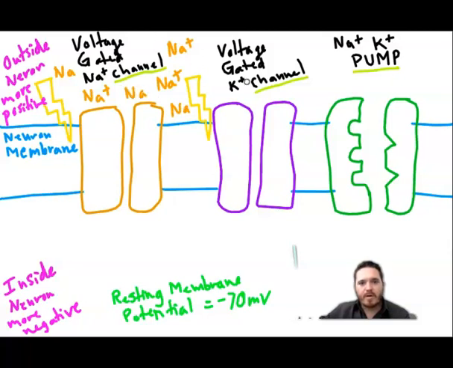So I'm just going to draw a bunch of sodium ions all throughout here. Okay? It is more positive on the outside because there are more positively charged sodium ions on the outside of the neuron membrane.